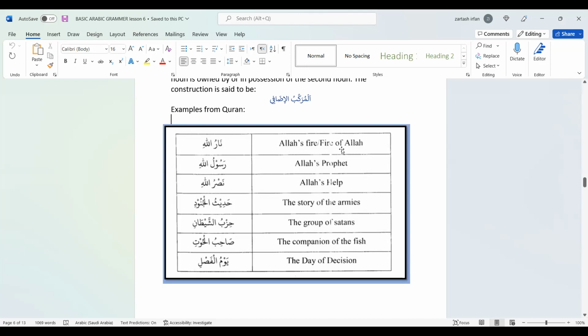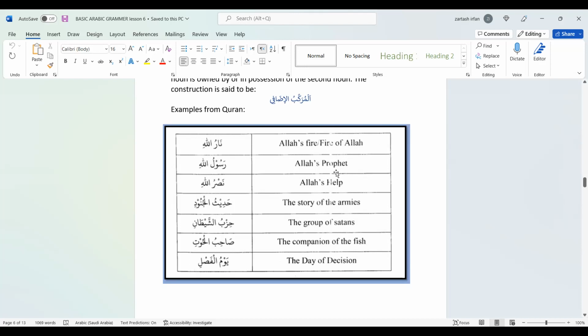Narullahi, fire of Allah. You can say that the idafa construction always has "of" between the mudaf and the mudaf ilayh. Second example, Rasulullahi, Allah's prophet, or prophet of Allah.